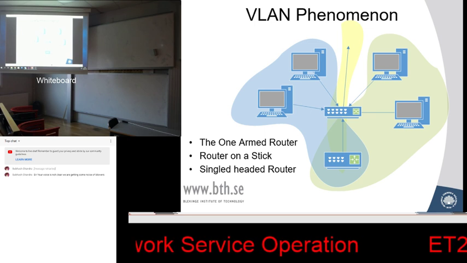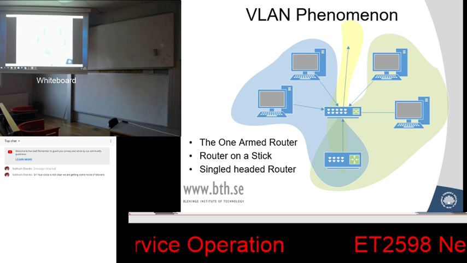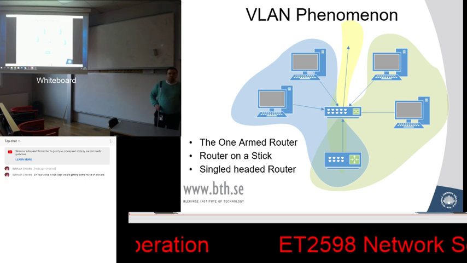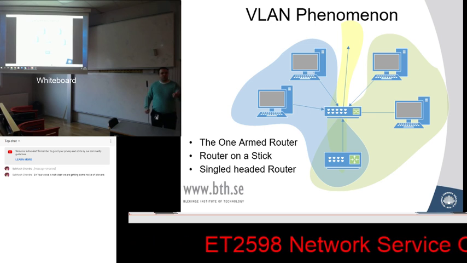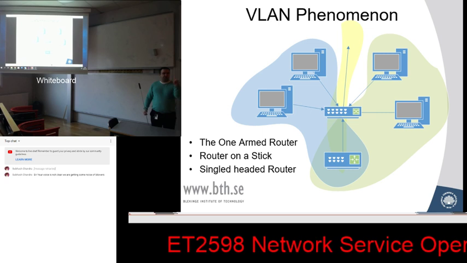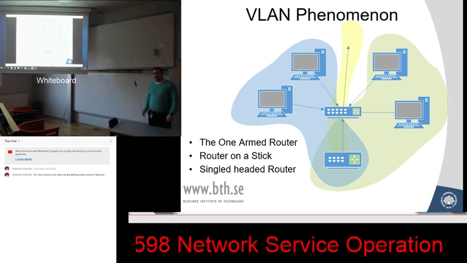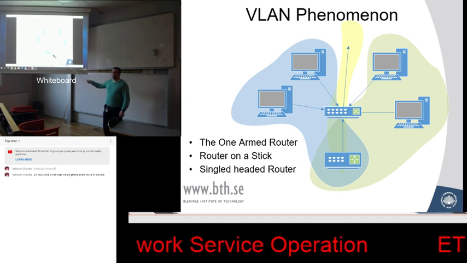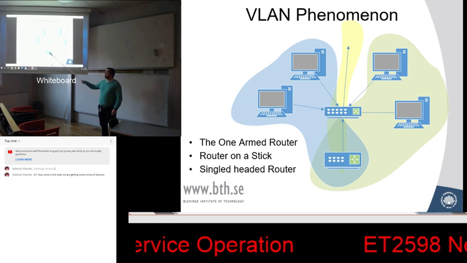Now, there's a VLAN phenomenon called the one-armed router, router on a stick, or single-headed router. Those of you who have done the first exercise have worked with routers that have two physical interfaces. In this scenario, you have one device with one interface, but all of the VLANs are present here.